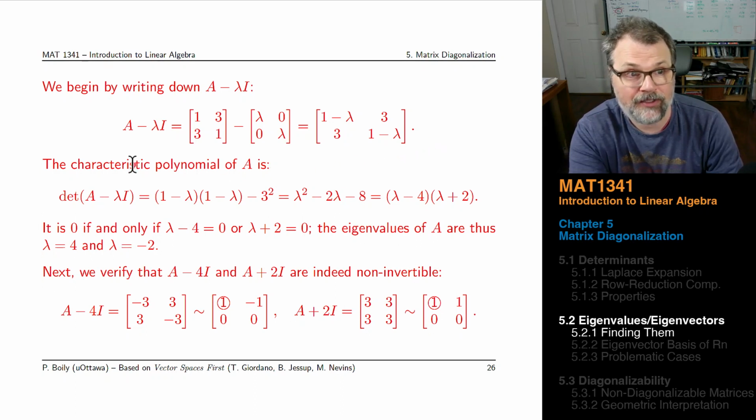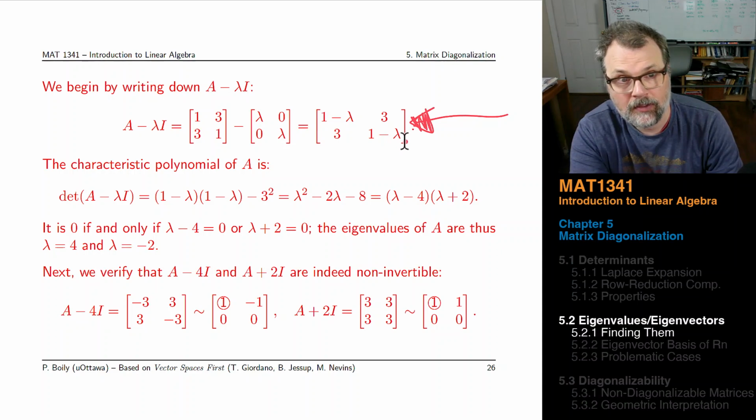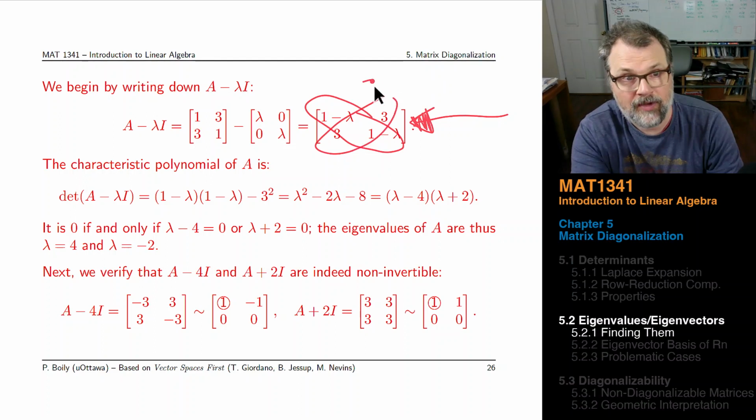And what is the characteristic polynomial? I need to find the determinant of the matrix. In the case of a 2 by 2 matrix, it's quite easy to find the determinant. 1 minus lambda times 1 minus lambda, minus 3 times 3.